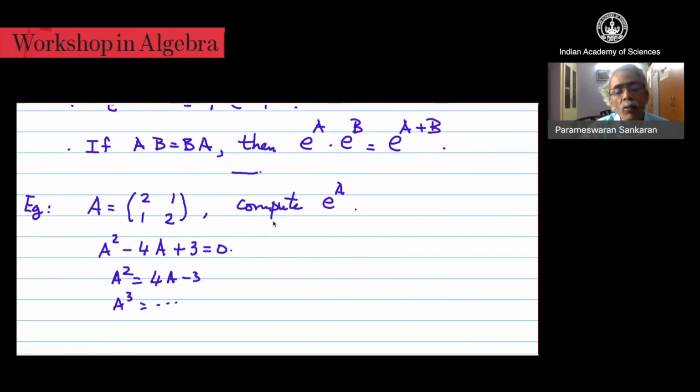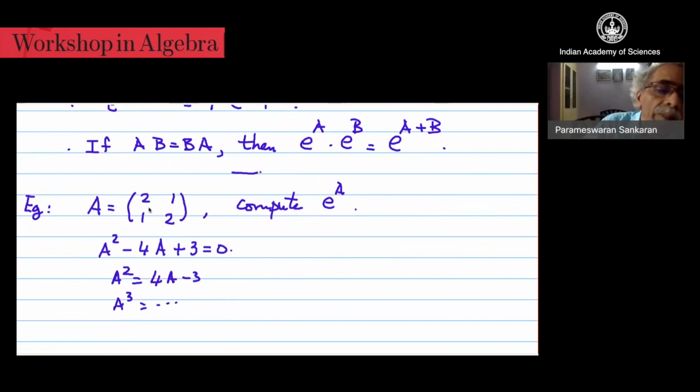So instead, what we are going to do is use some properties of the exponentials that have already been established to compute e power A. Notice that I deliberately took it to be a symmetric matrix.